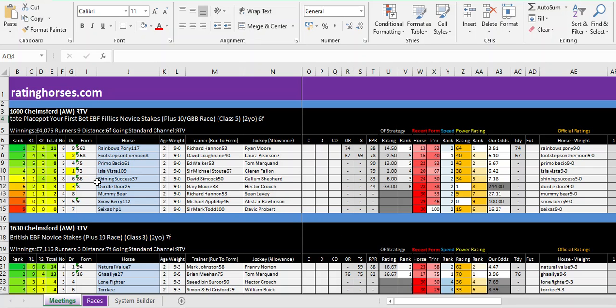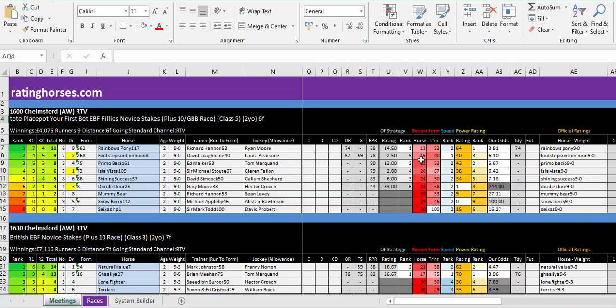we can see that it's ranked first on our normal ratings. It's ranked first in the R1 and it's second rated in the R2. We can see that the run to form figure is quite high for Richard Hannon. We can also see that it comes out very well on our OF strategy algorithm.